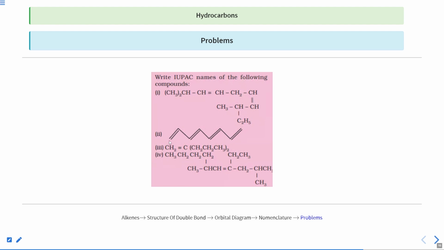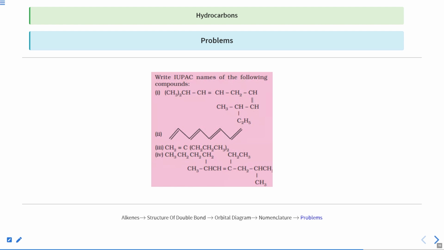At first position we have a double bond, second a double bond, third a double bond, fourth a double bond. So the positions are 1, 3, 5, 7.